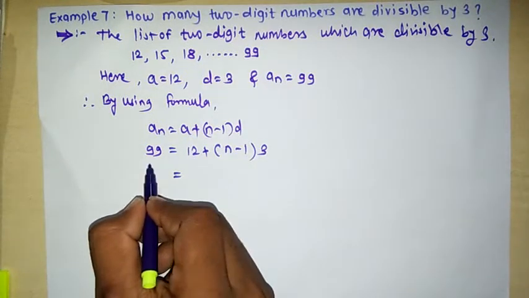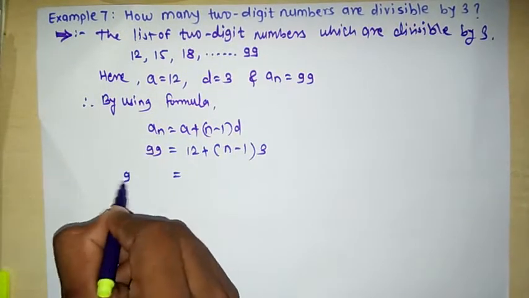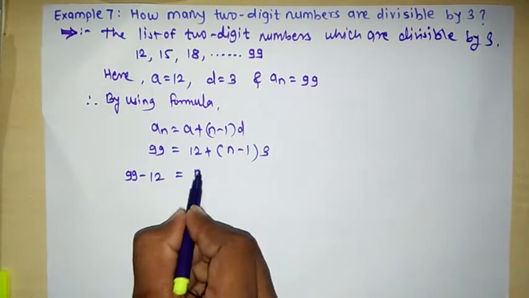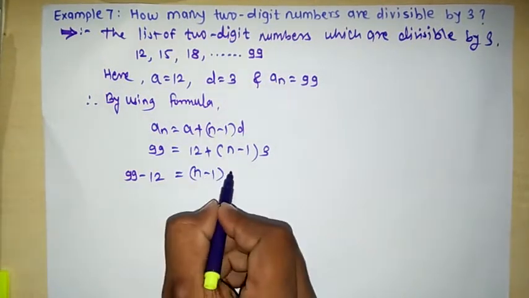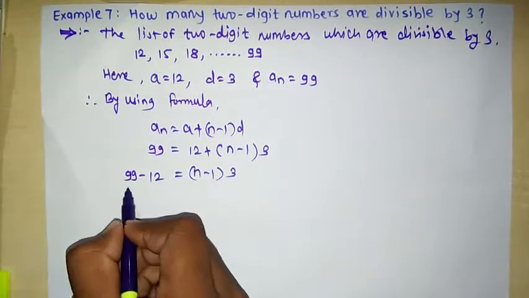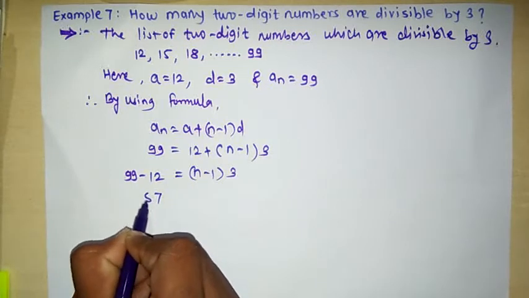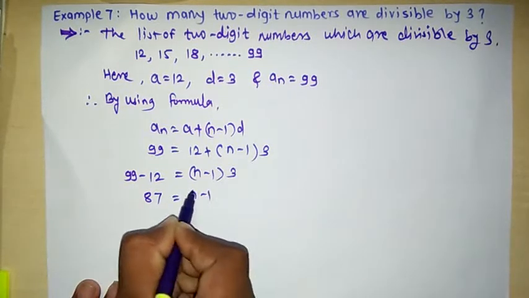Now send this 12 to the left hand side. It will become 99 minus 12, because here it is plus, therefore it will become minus, which is equal to N minus 1 into 3. Now 99 minus 12 is how much?